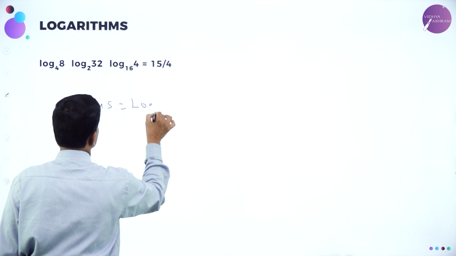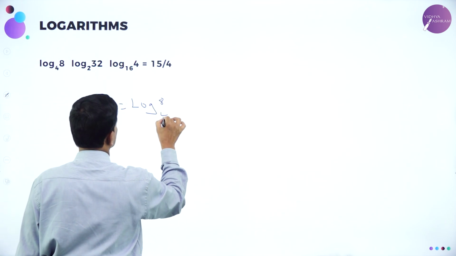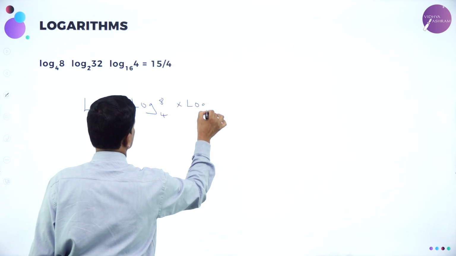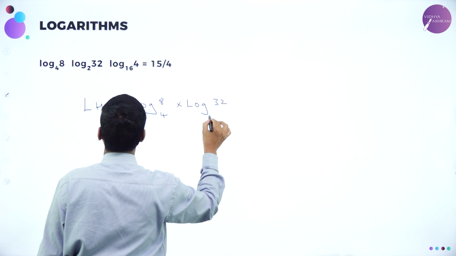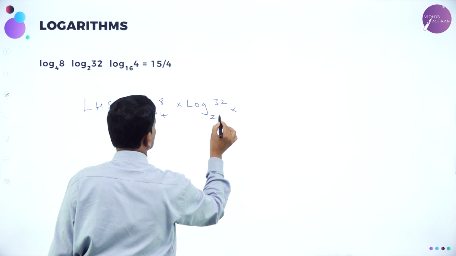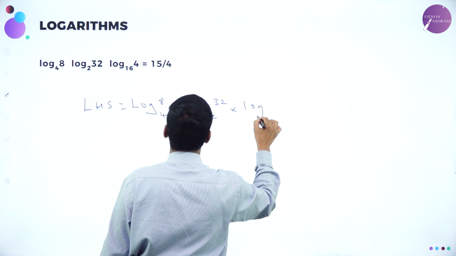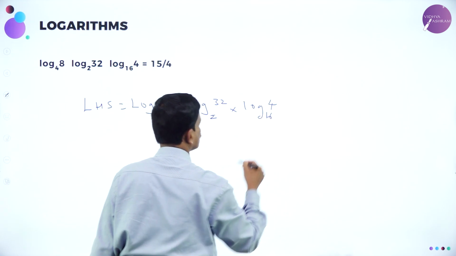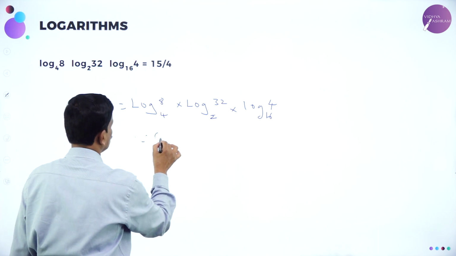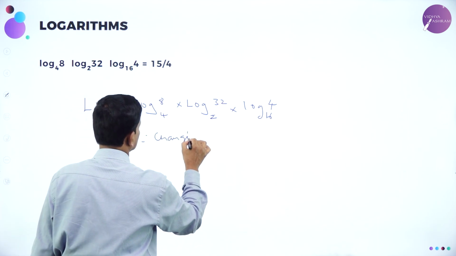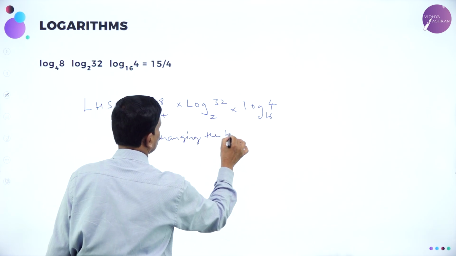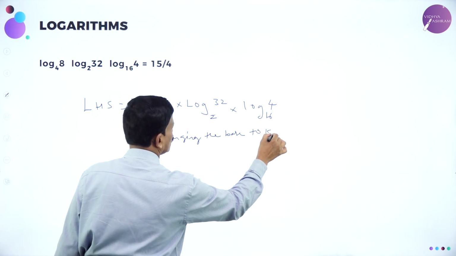LHS, logarithm of 8 to base 4 into logarithm of 32 to base 2 into logarithm of 4 to base 16. Now using base change rule, changing the base to k.